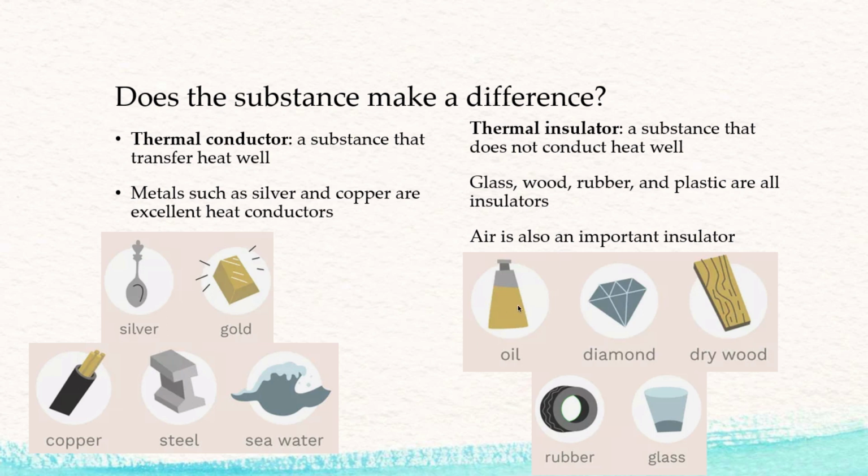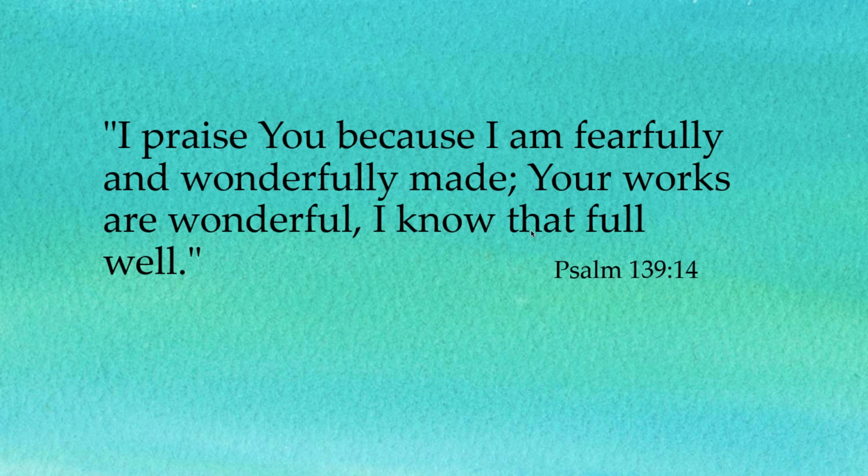But if you live in a really hot place like we do, double pane windows are also very good because we want to keep the cold air in. We don't want the heat to come inside. So the double pane windows will help us with that. All right, we'll take a pause here and take a look at a verse.